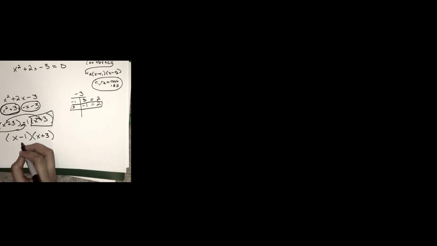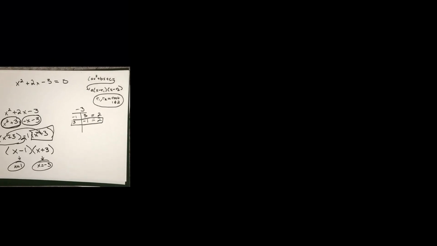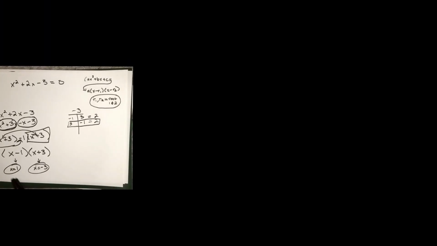So the root for this one would be x equals 1. And the root for this one is x equals negative 3. Now that we've found the roots of the quadratic equation, which is 1 and negative 3, we would plug it into the linear equation of y equals 2x plus 6.